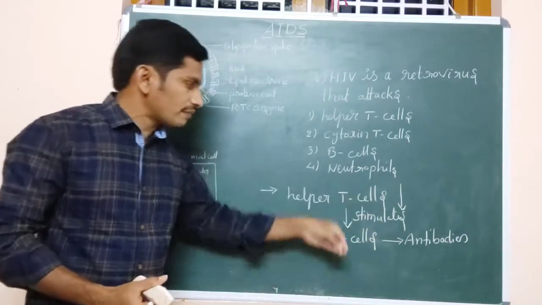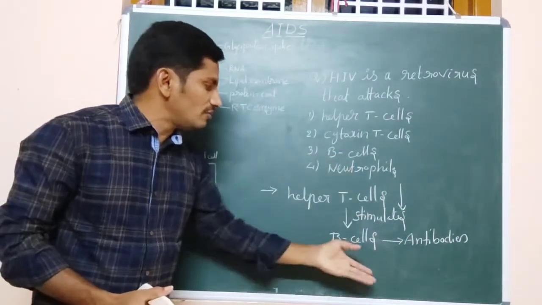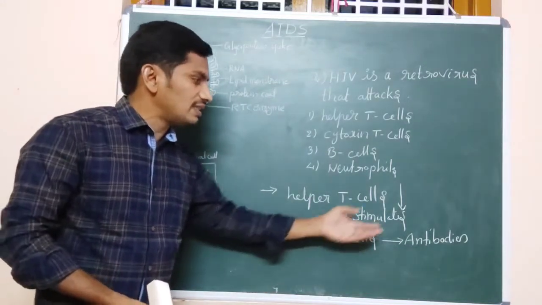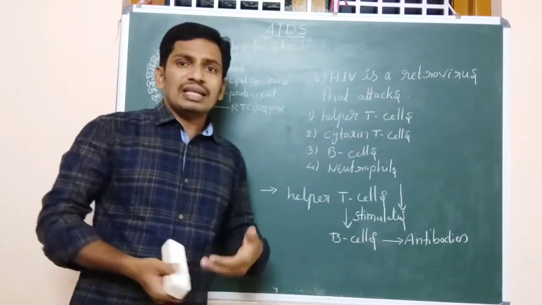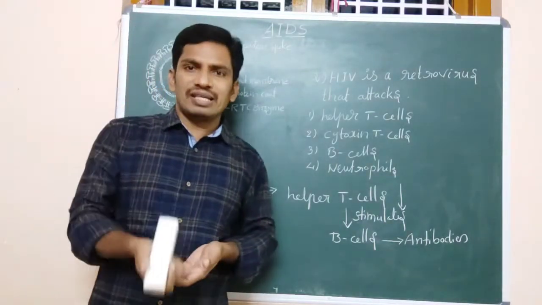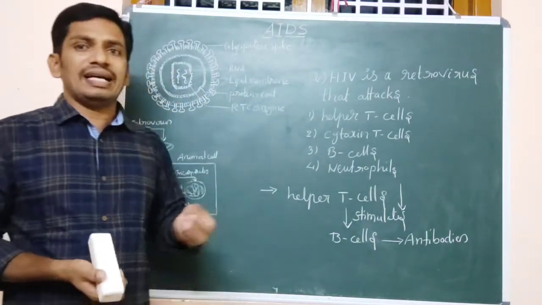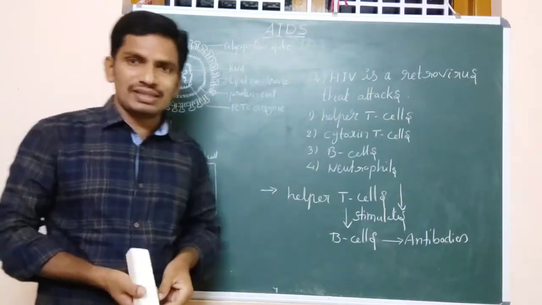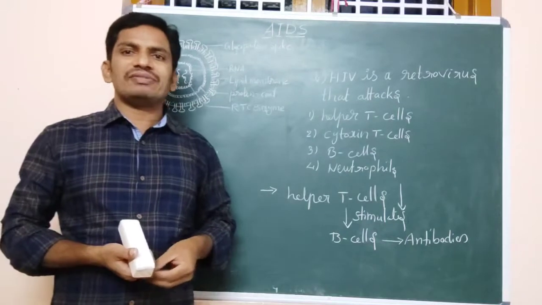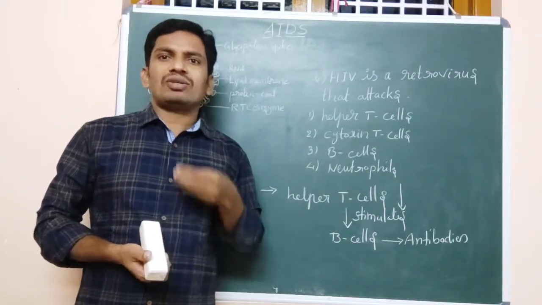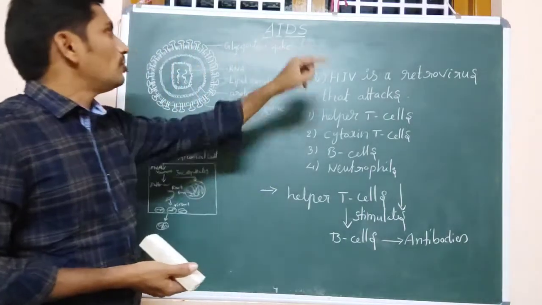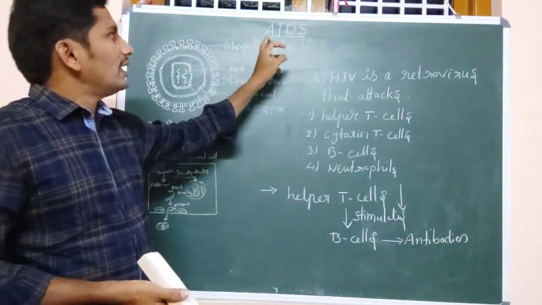Because of that, sufficient T cells do not stimulate the B cells, and that's the reason antibodies decrease. If antibodies decrease, our immune system is automatically weakened. That's the reason an HIV AIDS patient is affected by a number of bacterial diseases, like mycobacterium and toxoplasma, and fungus, all those things.